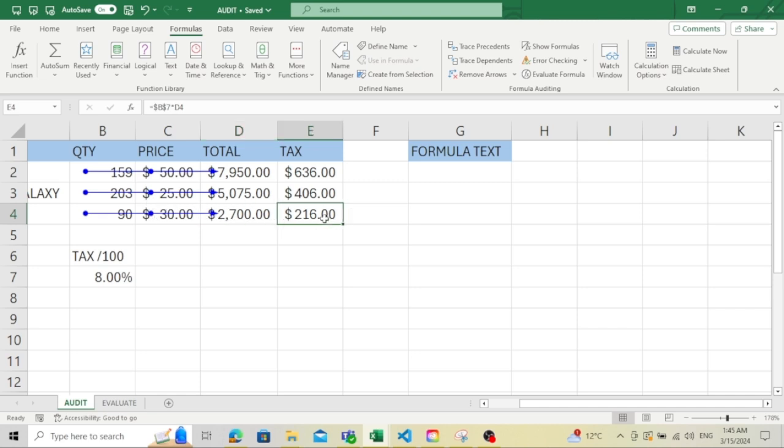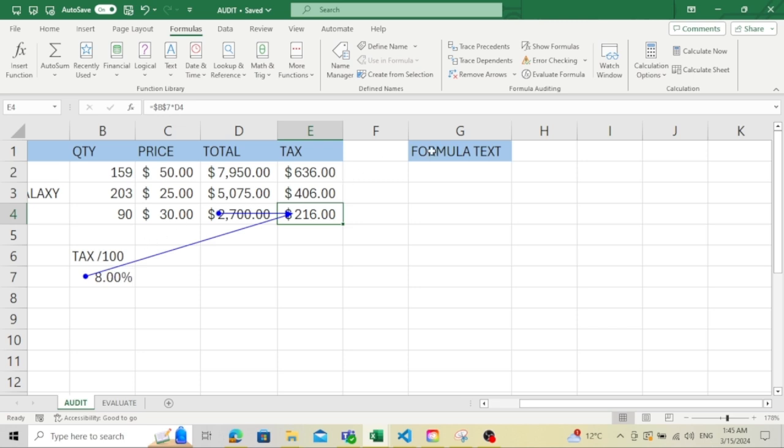Now, what if we go to the tax and trace precedents? Let's remove all the arrows first. It's getting a bit confusing. So we click on this tax and trace precedents. And that is this cell times this cell gives us this.